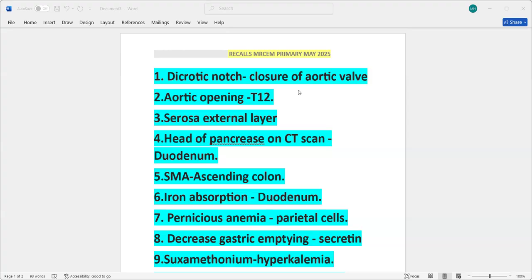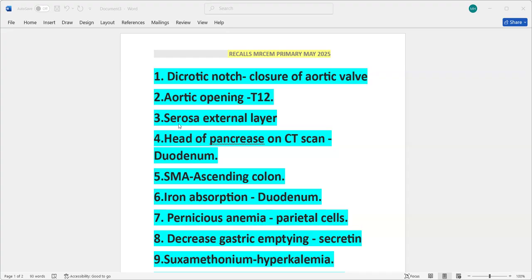There are four or five MCQ options, in which the correct answer is closure of the aortic valve. It is from the physiology part in cardiology. The second is from the anatomy part, which is the aortic opening location. That is the level at which the aortic opening is present, which is simple, and it is T12 level of vertebra.